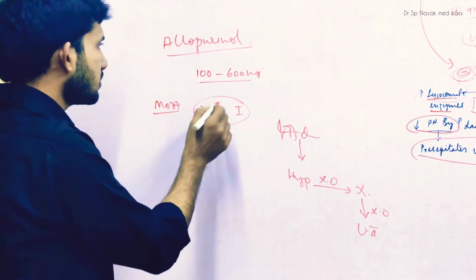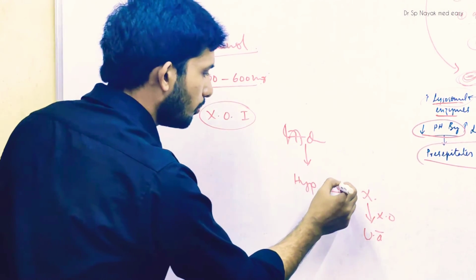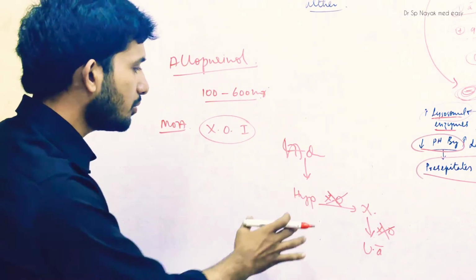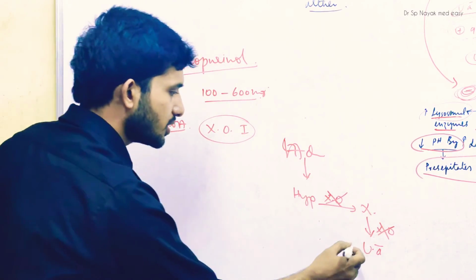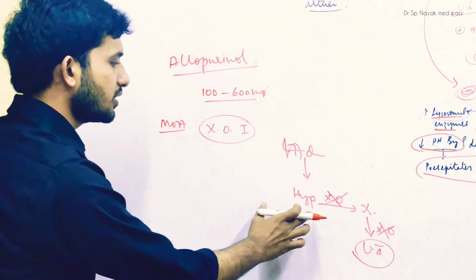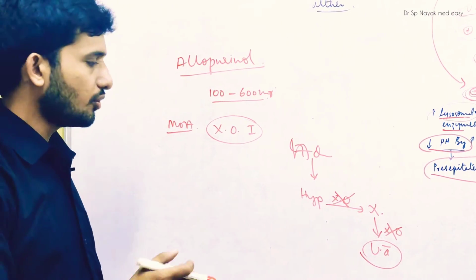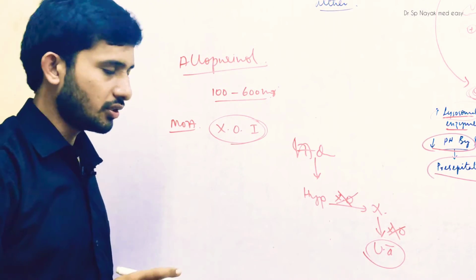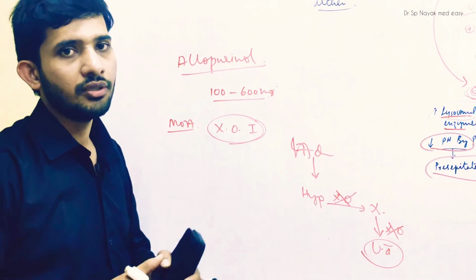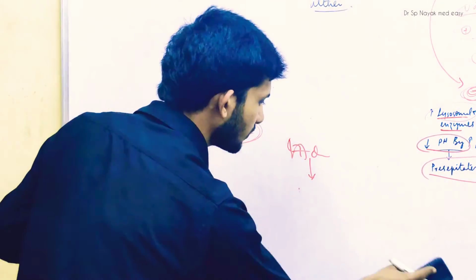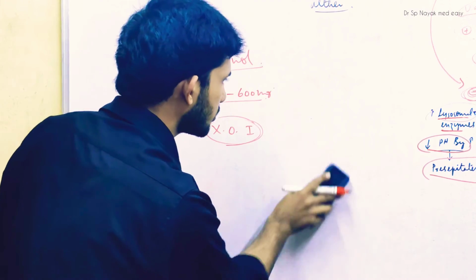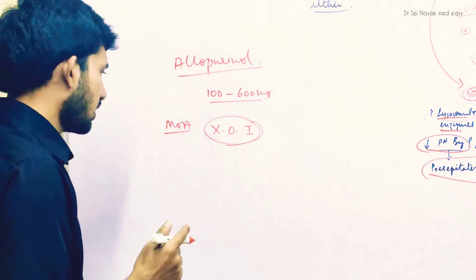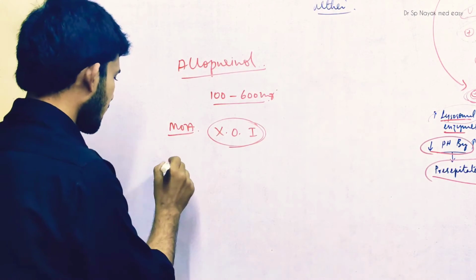Here allopurinol will inhibit xanthine oxidase in these two steps, and by inhibition of this enzyme it stops the production of uric acid. This is the rate limiting step of uric acid production. So allopurinol is a xanthine oxidase inhibitor, and it reduces the biosynthesis of uric acid in the body. So this is the mechanism, and allopurinol is commonly given in chronic gouty arthritis.